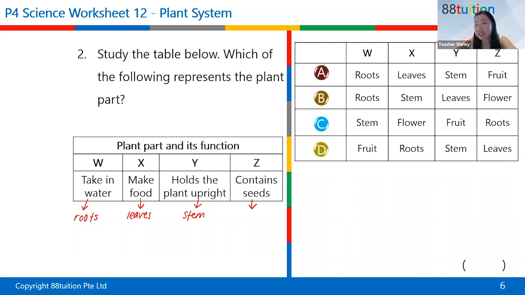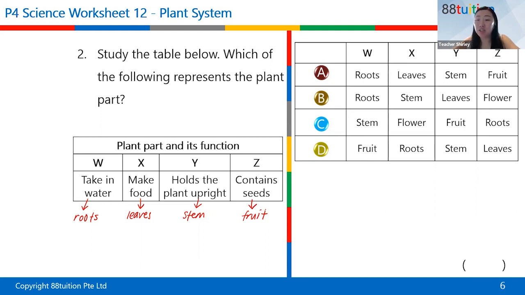Which plant part contains seeds? The fruit. Very good, Aber. Okay, we didn't really cover that much on fruits and flowers. But then again, if you can relate, I'm sure you've eaten some fruits before. You will notice that the seeds are usually found in the fruits.